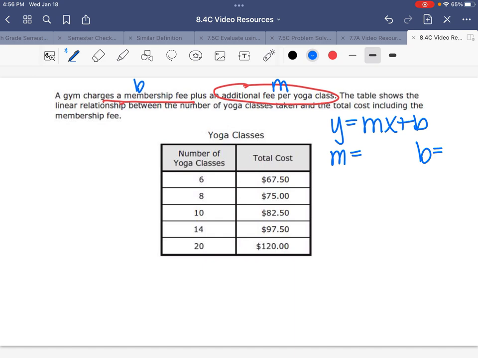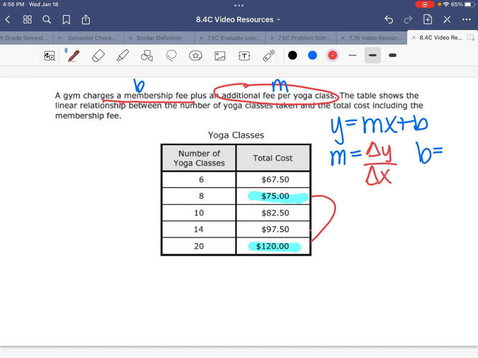And I see some nice whole numbers. So I'm going to start finding my slope because that's where I feel comfortable. And I know that slope is the comparison of how y changes to how x changes. And I see that I have a whole number here, 75, and a whole number here, 120. So I'm thinking that might be easier for me to work with.